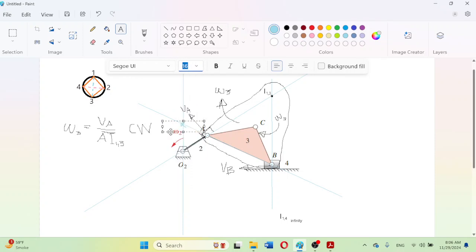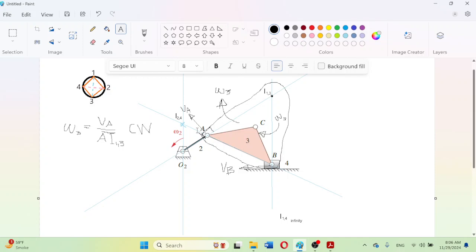I can just type it here, that will be the instant center 2 comma 4. Approximately, let's place it here. So this is instant center 2 comma 4.